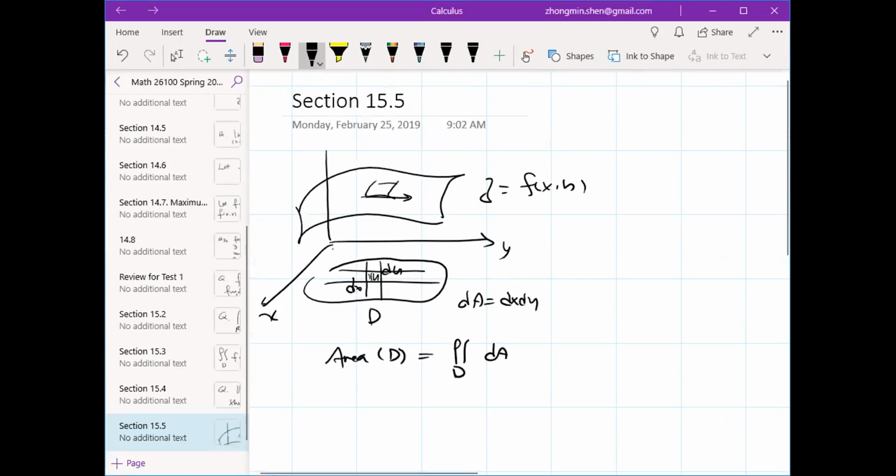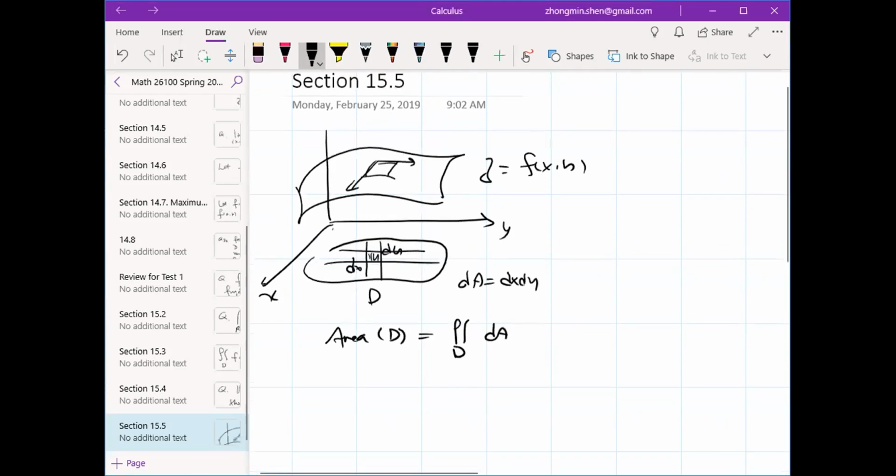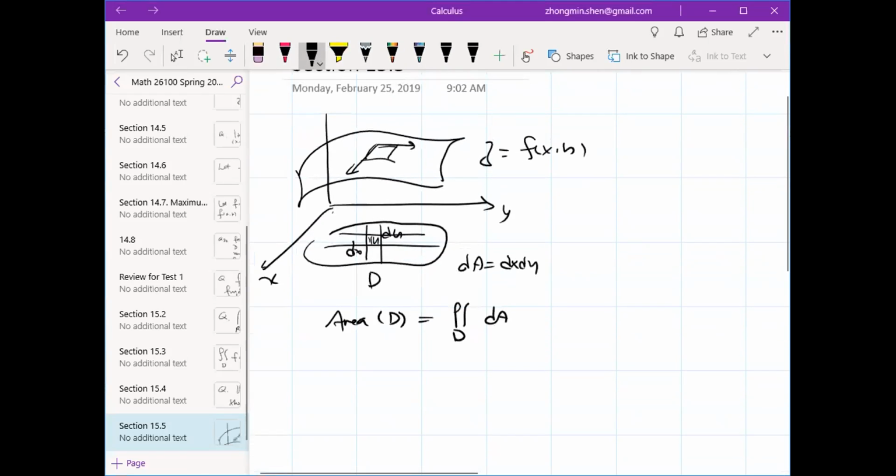You find the tangent line. This will be the tangent line, that will be the other tangent line, and dA is going to be the area of this parallelogram. It's approximated by a parallelogram. The tangent vector in the x direction, and the tangent vector in the y direction.